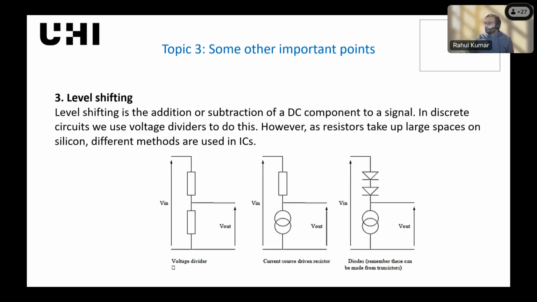Right? So we could do that by using our voltage divider, this circuit. So this is your voltage divider using two resistors, right? As mentioned earlier, we avoid using resistors in an integrated circuit.